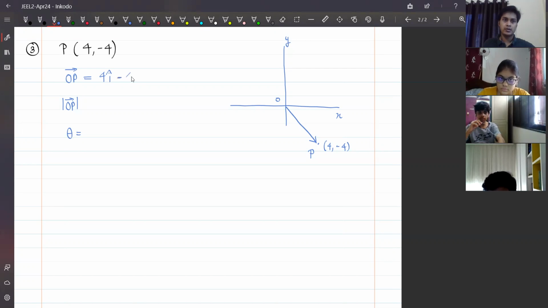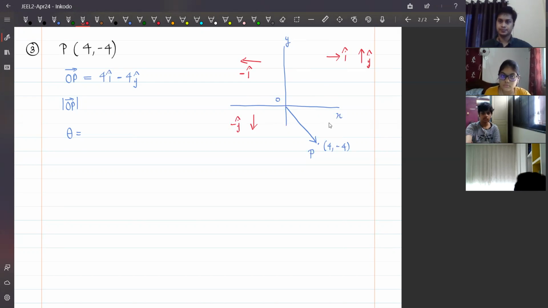See, this is your i cap. I cap is along the positive x-axis and j cap is along the positive y-axis. If you have to write the opposite direction, it is written as minus i cap in the leftward direction. And when you have a vector in the downward direction, we write it as minus j cap.